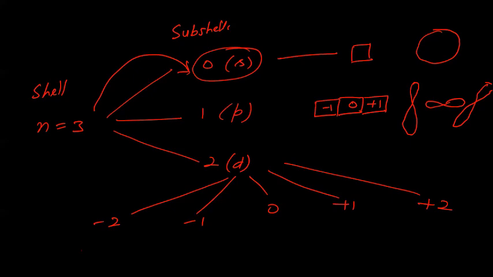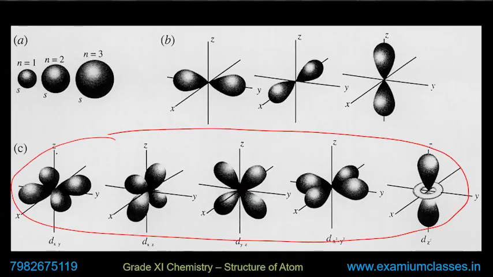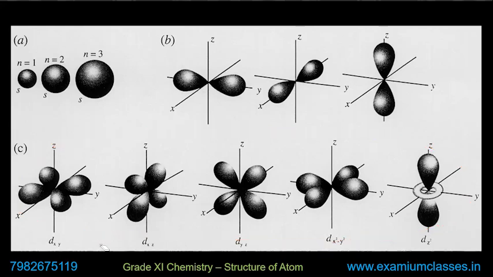These 5 will be as shown here. What I am saying is you need to remember these by names, not by digits, that is minus 2, minus 1, rather by name. If you see here, it is written as dxy, means it will be in the xy plane, but not along the xy axis.